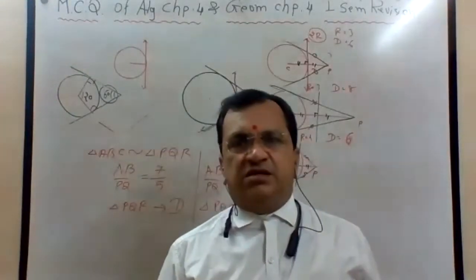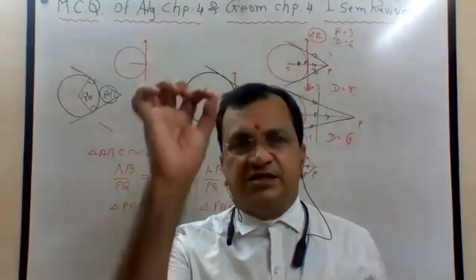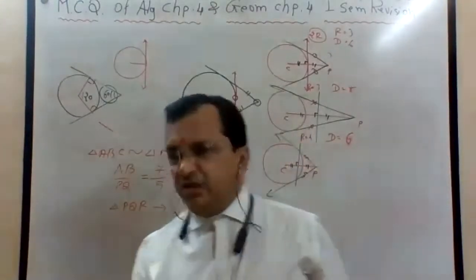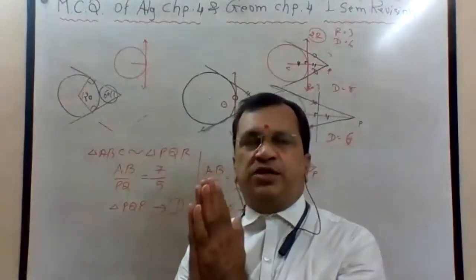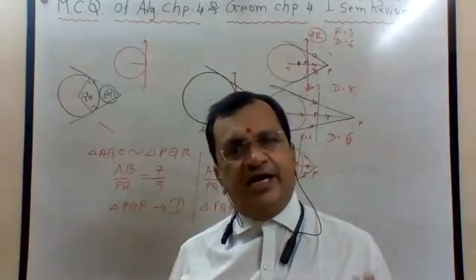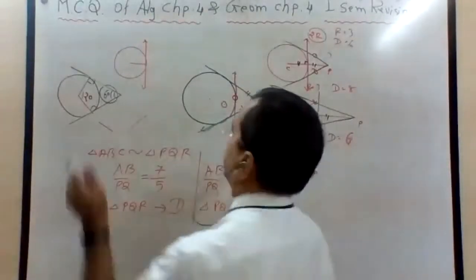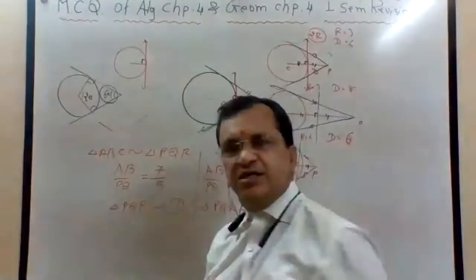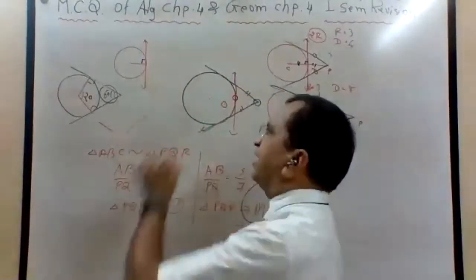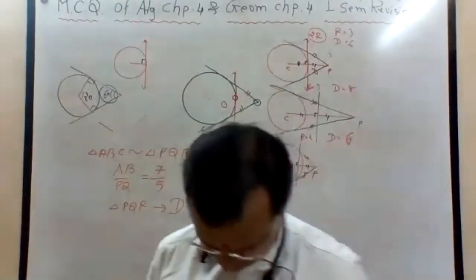What is the relation between that radius and that tangent? Always we are drawing tangent. So radius and tangent always are perpendicular to each other. Radius is perpendicular to the tangent line, and tangent line is also perpendicular to the radius.